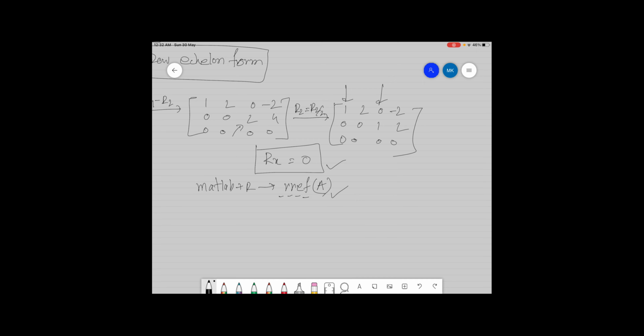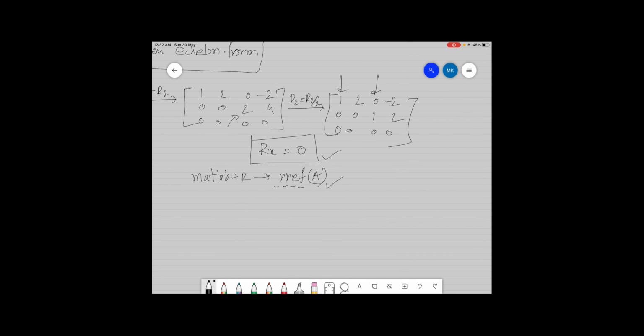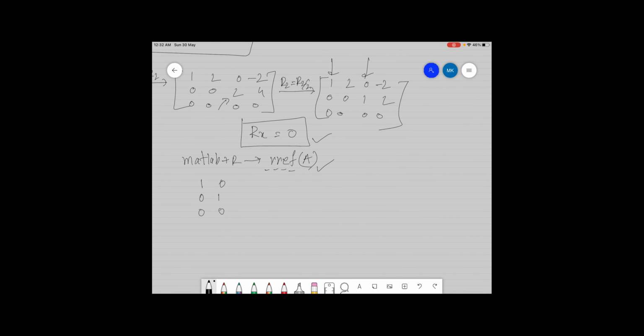If you write down the pivot columns, you will see 1 0 0, 0 1 0. So it has a structure similar to the identity matrix.